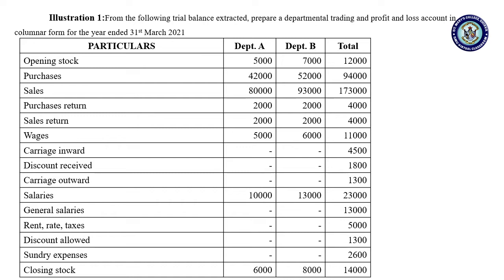Purchase return 2,000, 2,000, total 4,000. Purchase return 2,000 each. Sales return again 2,000 each, total 4,000.